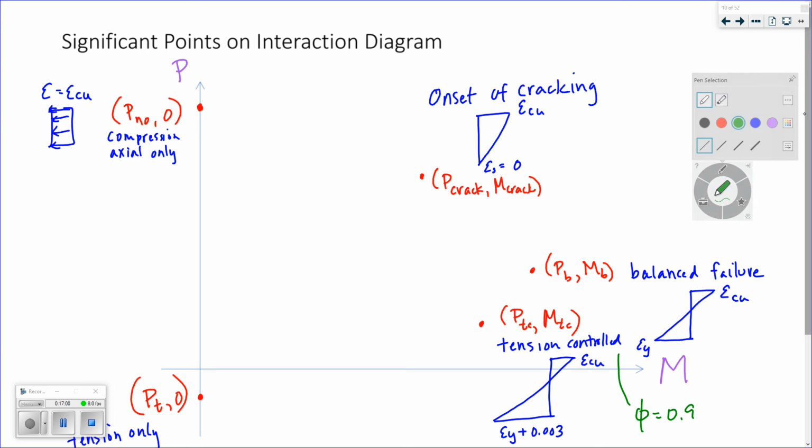Oh, I should actually say balanced failure is when my strain in my steel is equal to yield. Go back and change that. ES is equal to EY. Tension controlled is when my extreme tensile steel is EY plus 0.003.